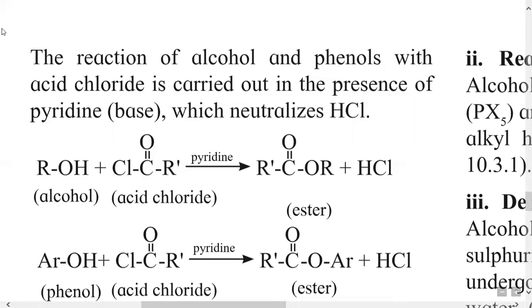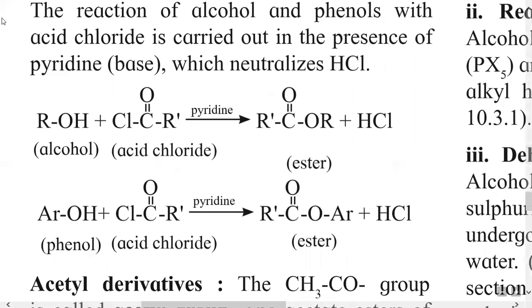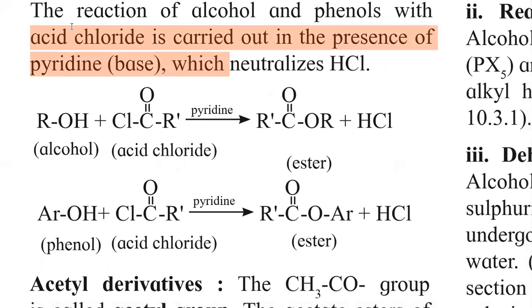Similar to carboxylic acid and acid anhydride, alcohol and phenol form esters and show esterification reaction with acid chloride. This reaction takes place in the presence of a base, pyridine. It neutralizes the HCl formed in the reaction.